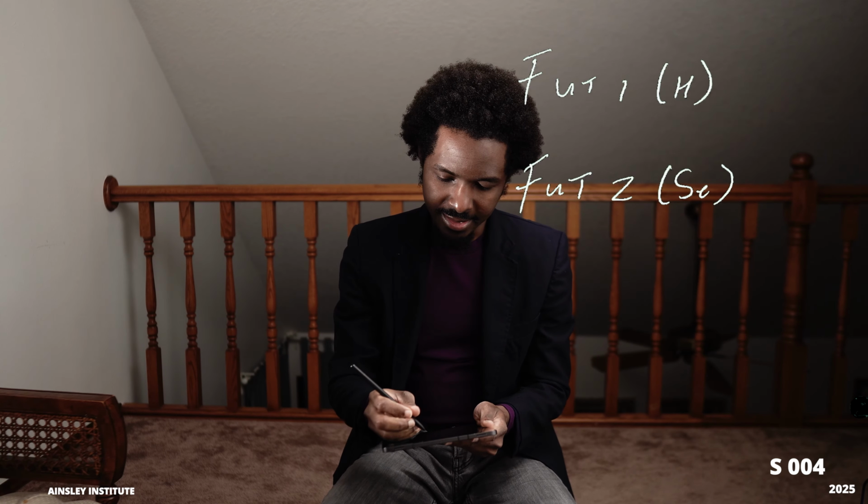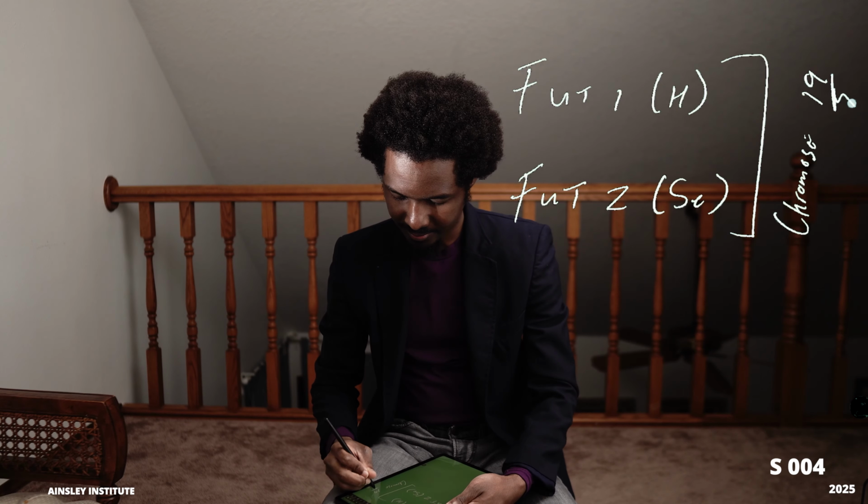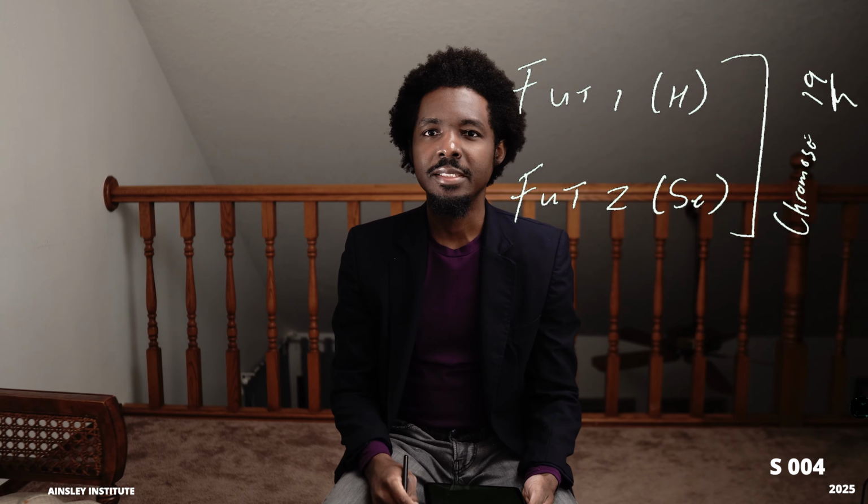So let us put that down so we can have a visual as to what is happening. So we have FUT1 H and FUT2 Se, and these are on chromosome 19. So just remember that, all right?